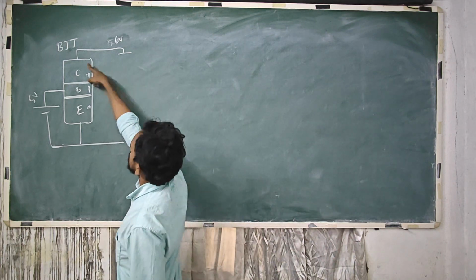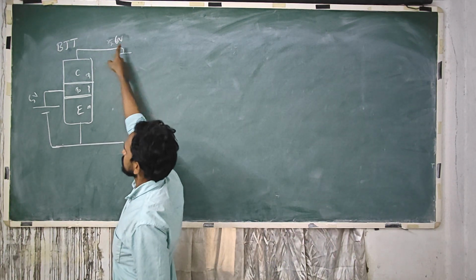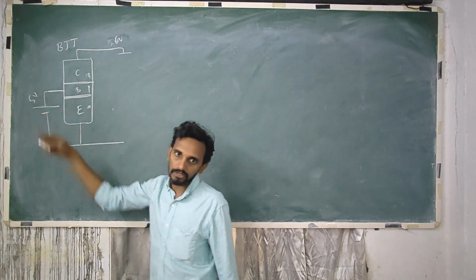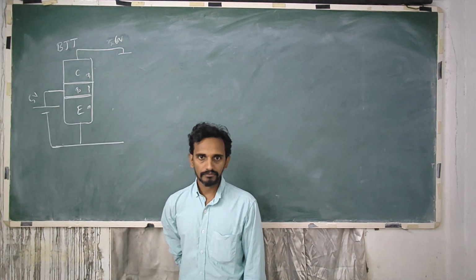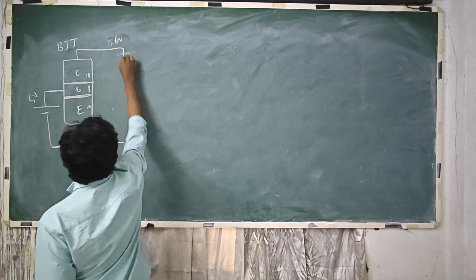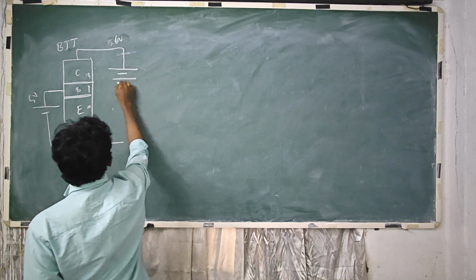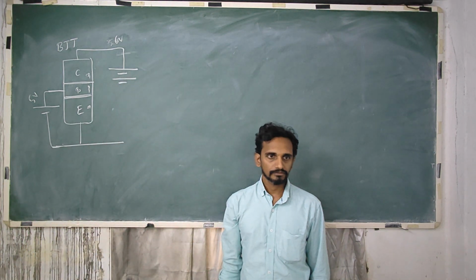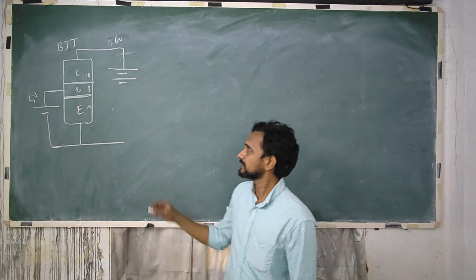So collector remains at higher positive potential and base terminal is at the lower positive potential. Okay. That is why we show a double battery here, a double celled battery.